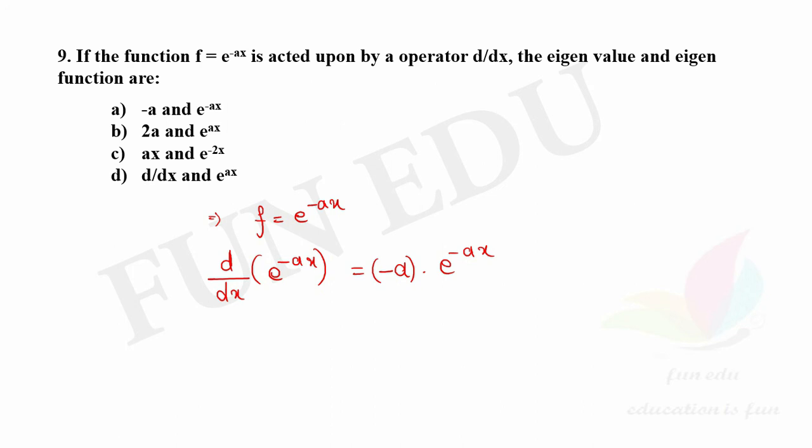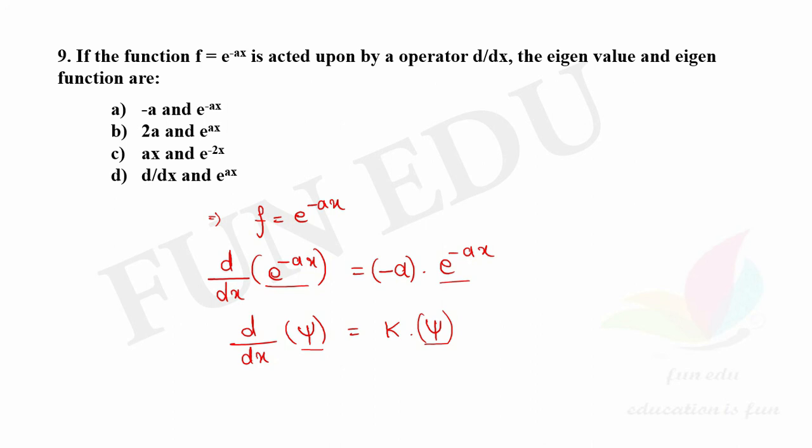Now this is similar to d by dx of xi equal to a differentiation constant k into xi, correct? Where you can see both are functions. Both are the same functions. Similarly here also you can see on both sides you are having the function.